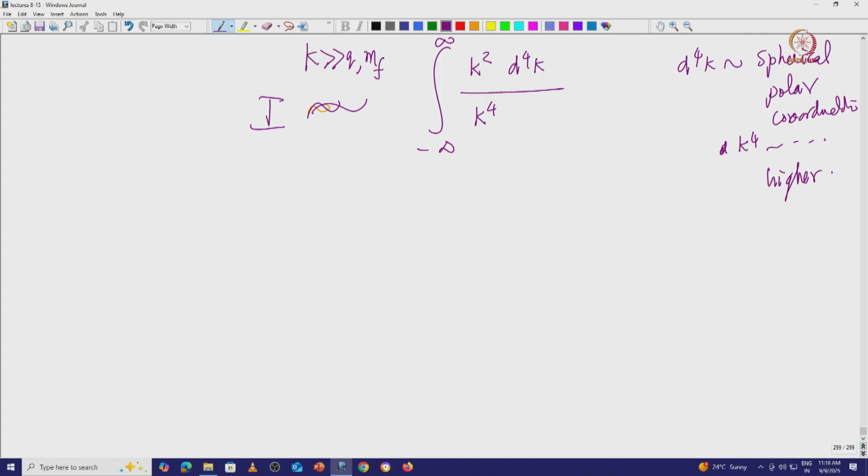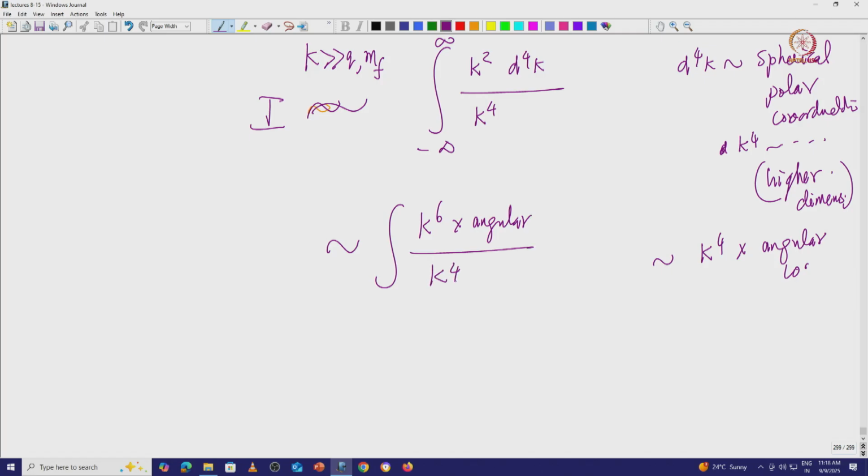So this integral will be k power 6 times some angular part by k power 4, and this integral roughly goes as k square.